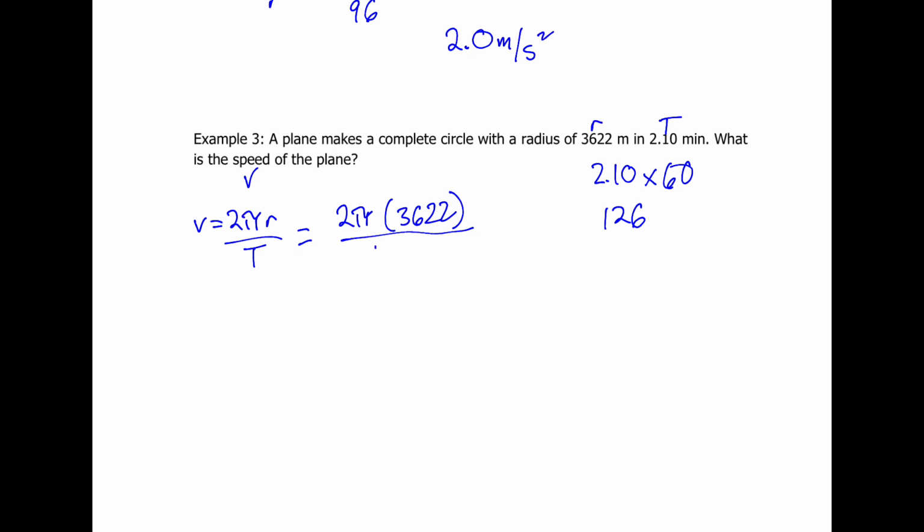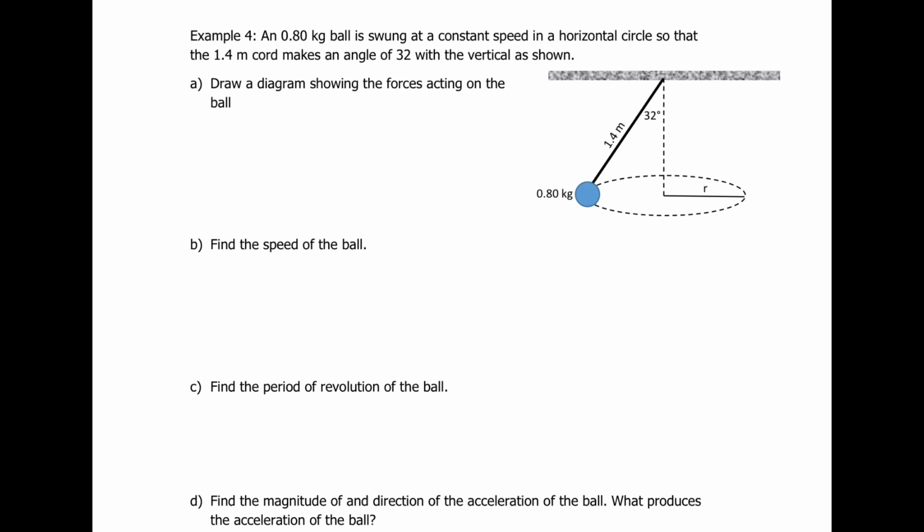So you can't put 2.1 into your formula, but you can multiply it by 60 first. I got 181 meters per second. Oh, yeah, but it's 180, rounded correctly.